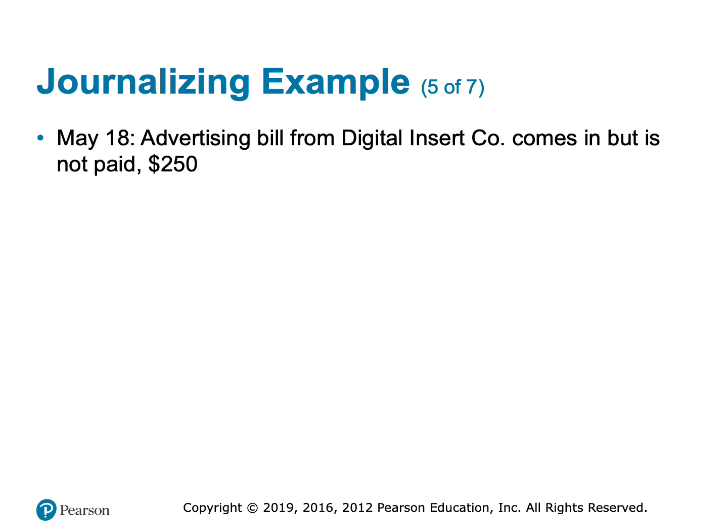So here I got an advertising bill, but I haven't paid it yet. I'm going to pay it, but I haven't paid it yet. But I do have the bill and I know that I owe this amount. So I owe this, therefore I have a liability. Remember, liabilities have a normal credit balance, so I want to credit that liability of accounts payable.